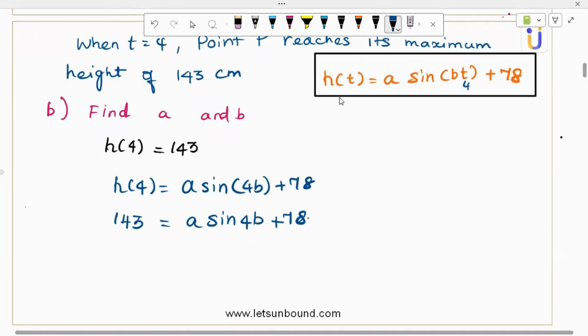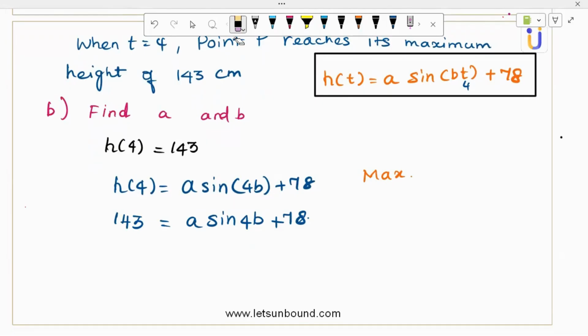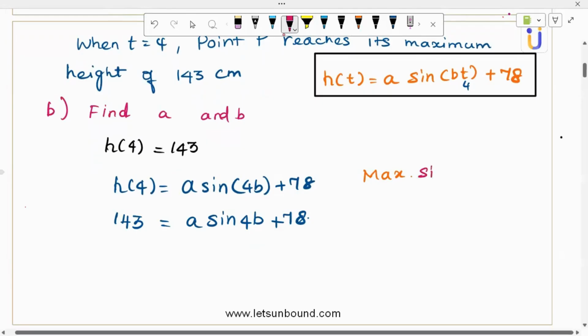Now, it is also a maximum, right? So if the entire height should be maximum and 78 is positive, this term also has to be the maximum. Then only can the output be the maximum possible. Maximum of sine 4b is 1, because we are not doing anything vertically.